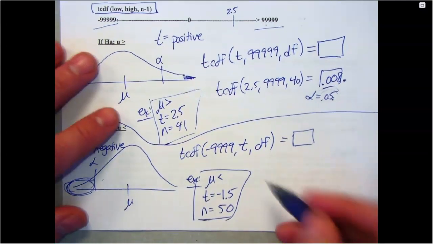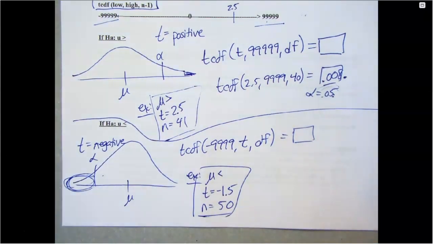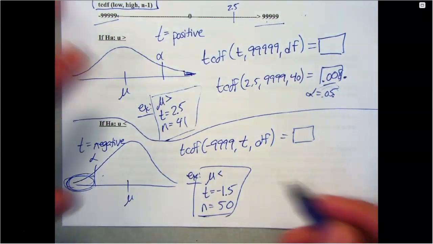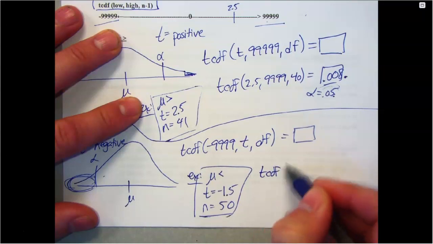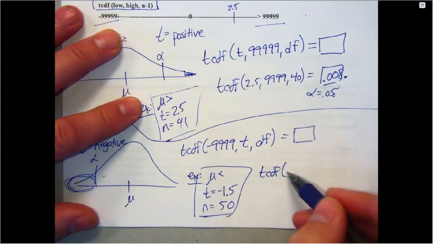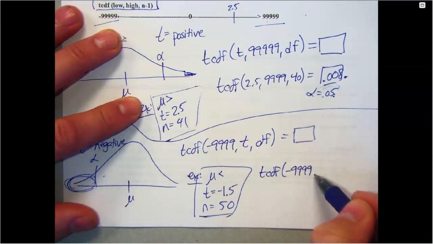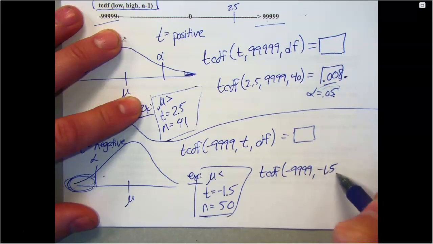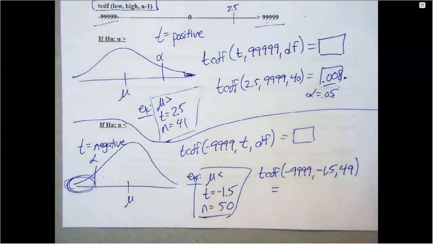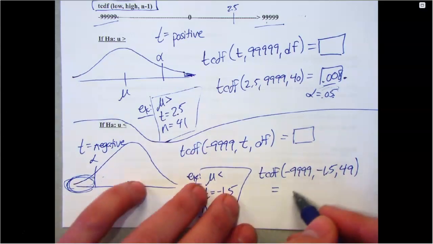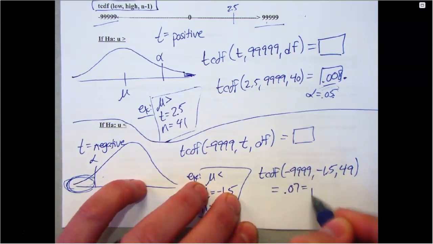Find the p-value. Question? I got 0.07. Agree?